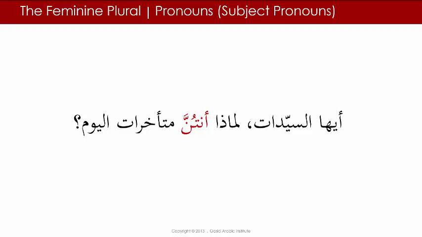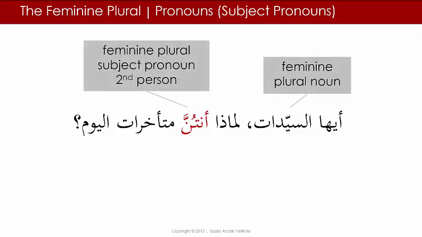Also in the second person, we have أيها السيدات, O ladies, لماذا أنتن متأخرات اليوم? Why are you, speaking to a group of women, why are you late today? السيدات is a feminine plural noun, and this second person subject pronoun is feminine plural referring to the sayyidat.